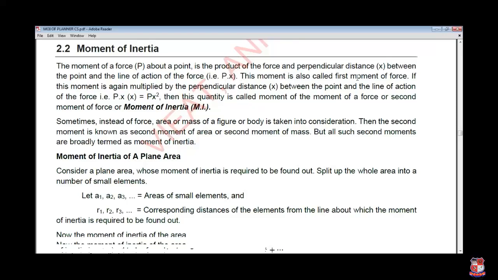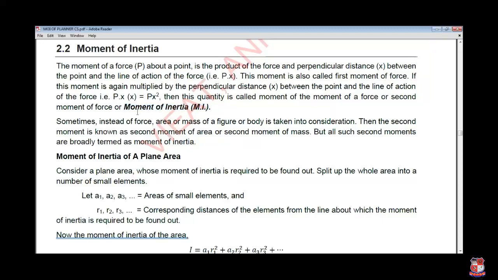So this moment is called the first moment of a force. If the moment is again multiplied by the perpendicular distance, so P into x becomes P x square, then the quantity is called the second moment of a force, that is simply called moment of inertia.